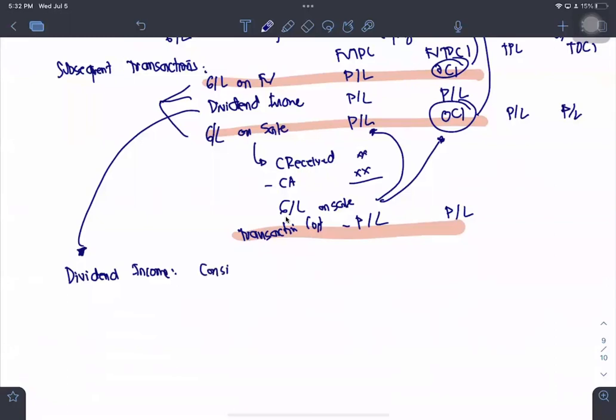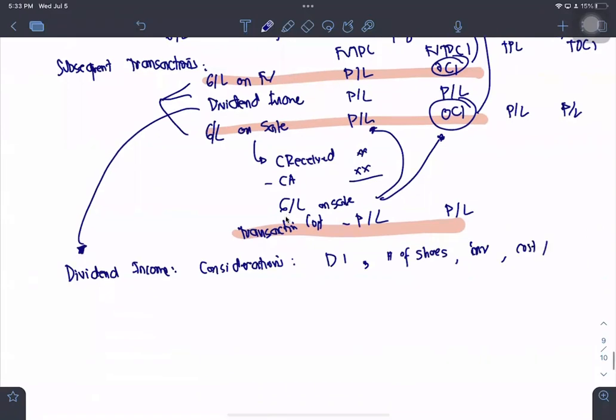First, the effect on the dividend income. Second, the effect on the number of shares. Third, the effect on the investment per se. And lastly, the effect on the cost per share.